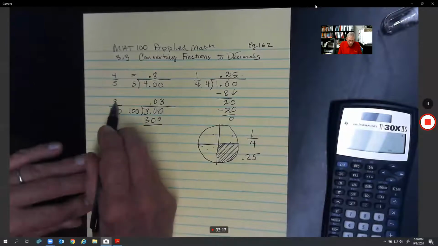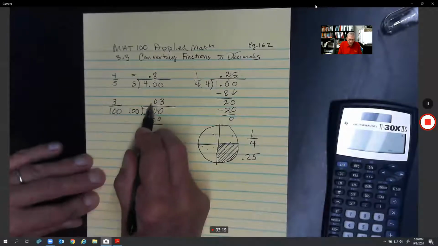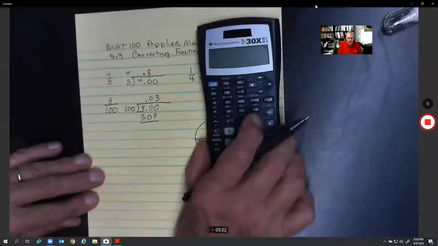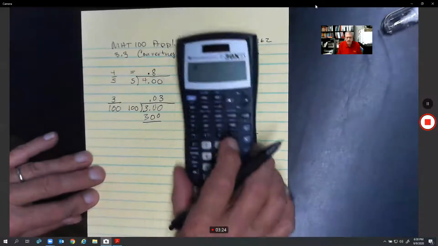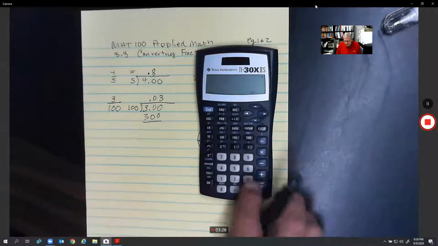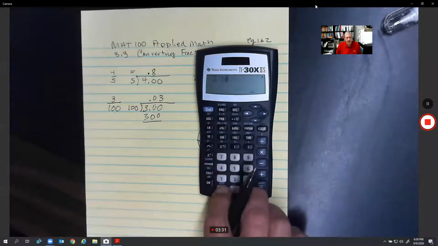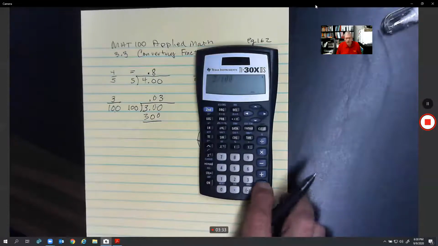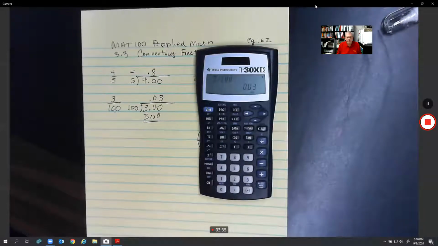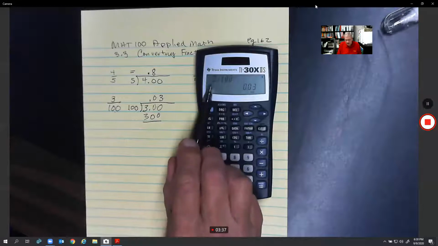So 3 over 100 is 0.03. Now you could do the same thing on your calculator. 3 divided by 100, bingo, 0.03. So you just enter it the way it's written.